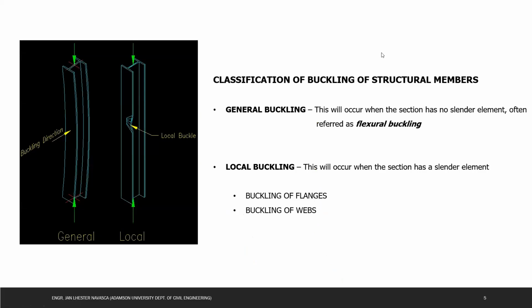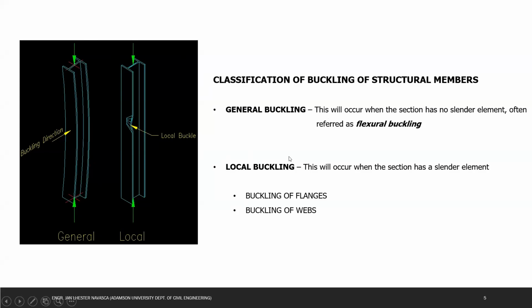Also, we have two classifications of buckling: general buckling and local buckling. For example, we have these two figures. This is an example of general buckling, or sometimes called flexural buckling, and this one is local buckling. General buckling occurs when the section has no slender elements and is often referred to as flexural buckling, so we have a global buckling in our structure.